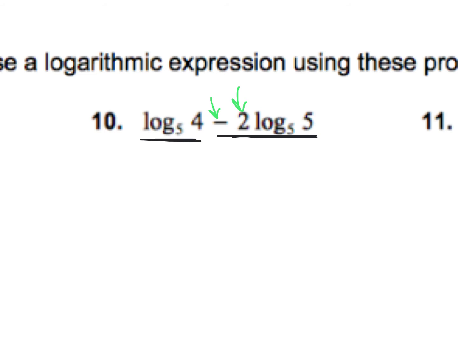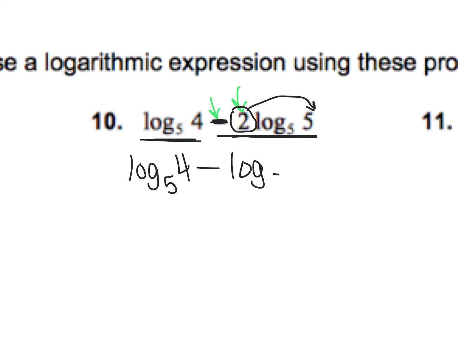Before we think division with this subtraction sign here, we need to think about this exponent that's going to be put back in its place when we put it back together. So we would have log base 5 of 4 minus, we're still keeping that minus there, log base 5 of 5 squared. We just took that 2 and put it back into its place as its exponent.